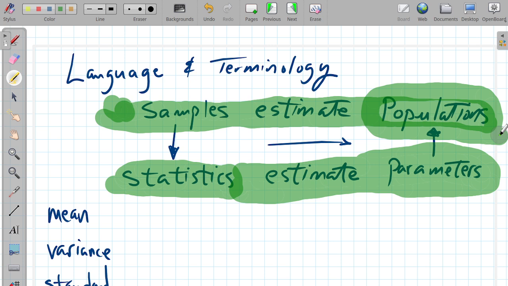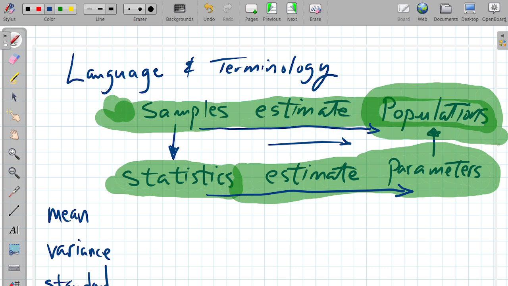So just like on the top row here where I use a sample to estimate a population, I would use a statistic to estimate a parameter. The statistic comes from the sample and the parameter speaks to the population.